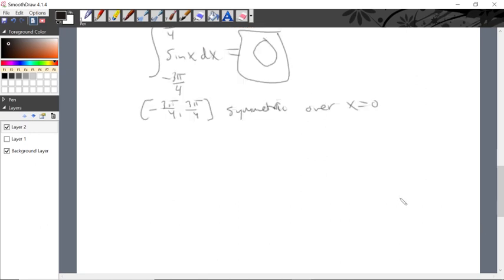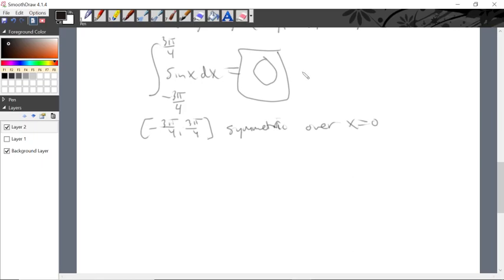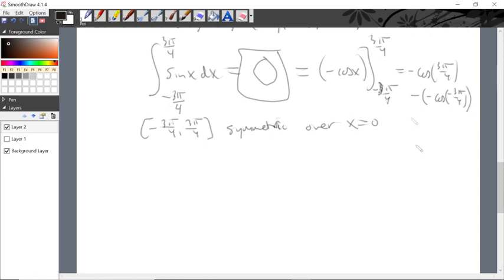Now, if we wanted to actually evaluate the integral, the antiderivative of sine of x is negative cosine of x, and then we can evaluate it from negative 3 pi over 4 to positive 3 pi over 4. Negative cosine of 3 pi over 4, and then we subtract the negative cosine of negative 3 pi over 4.